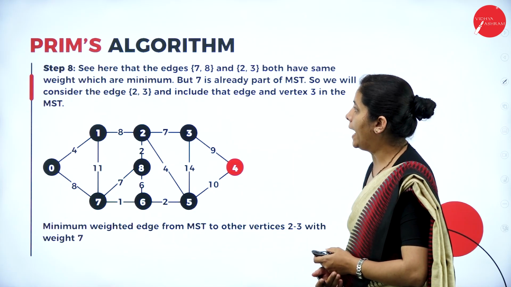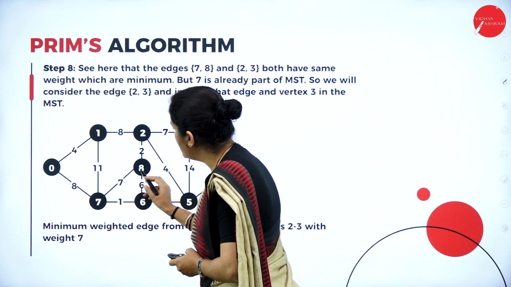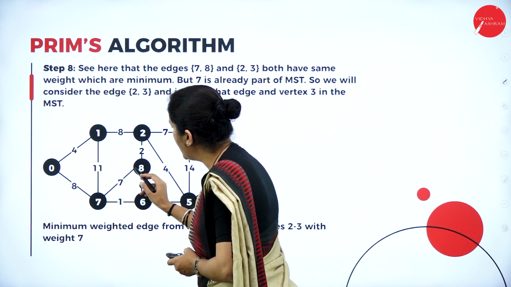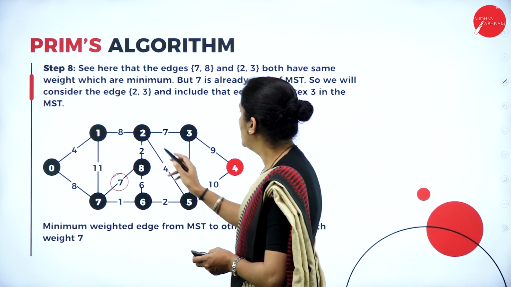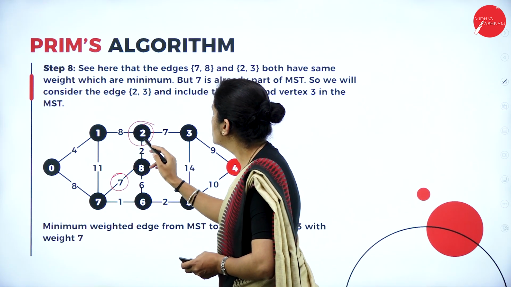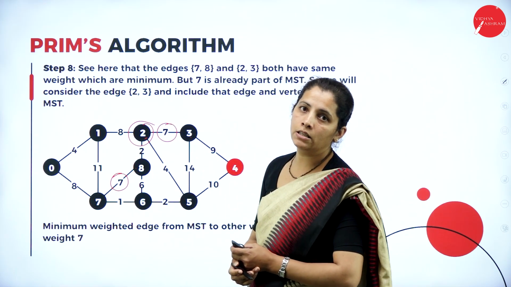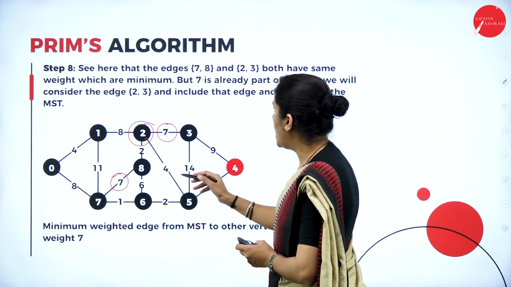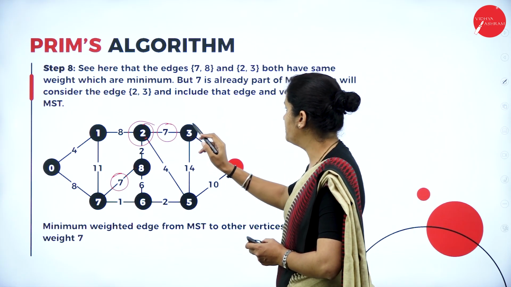Moving to step 8, if I consider 8, that is 7 to 8, the weight is 7. And if I consider 2 to 3, the weight is also 7. In that I'll consider 2 to 3.